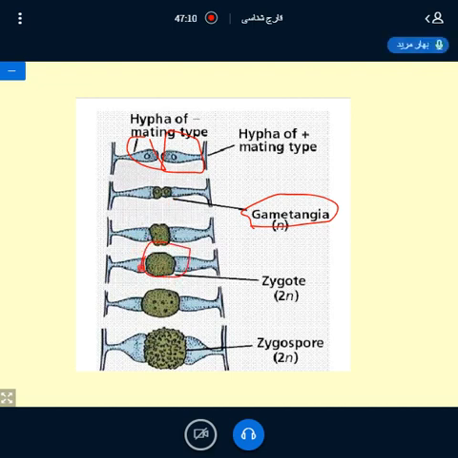The zygote is diploid, and then the zygospore is formed after the fusion of gametangia.